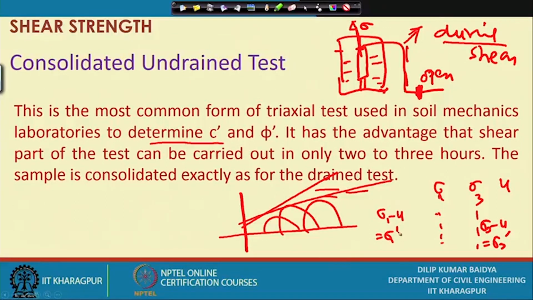Then we get a set of effective stresses, another set of circles, and by drawing the tangent we get the values of C dash and phi dash.